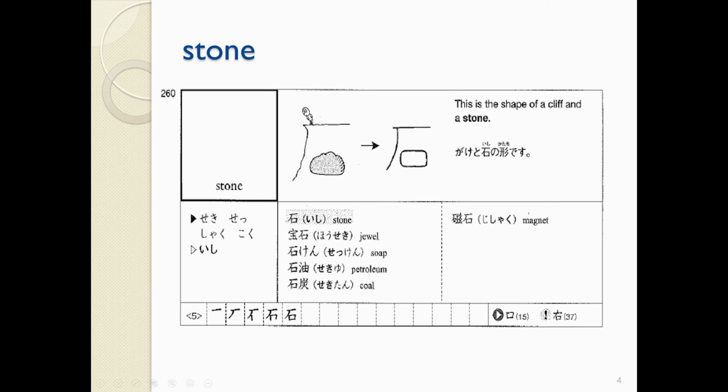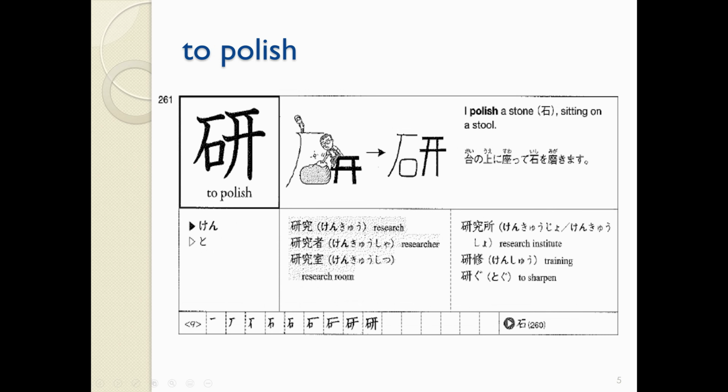So using this stone kanji, we can start this one. So this kanji is the first kanji in kenkyu, to do research. Kenkyu or kenkyusha, a researcher. So we start with the stone kanji, and then we have this part that we had like inside of akeru.